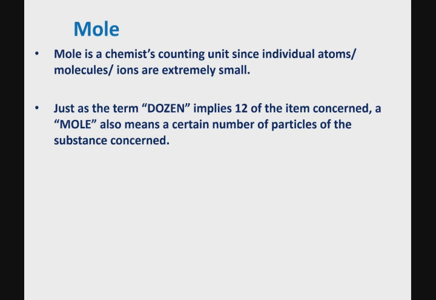If you buy a dozen duck eggs, they will be 12 duck eggs. How about a dozen dinosaur eggs? Would be 12. How about a dozen mole eggs? I mean, moles don't lay eggs, sorry. Ant eggs. They will be 12 ant eggs. My point being that as soon as the word dozen is used, the number 12 is implied, that there will be 12 of the items listed in that dozen.